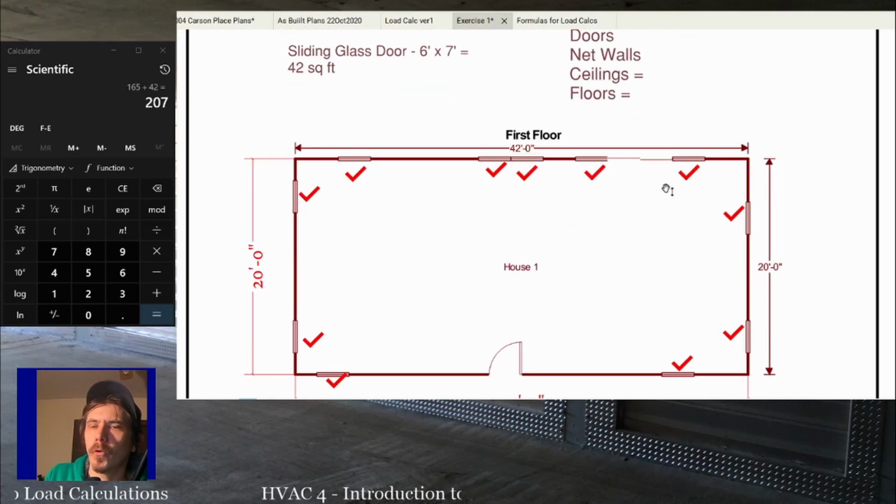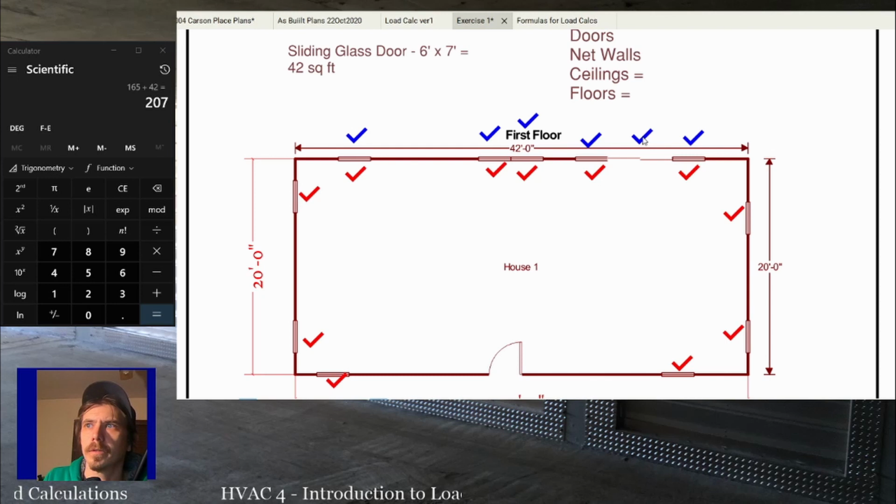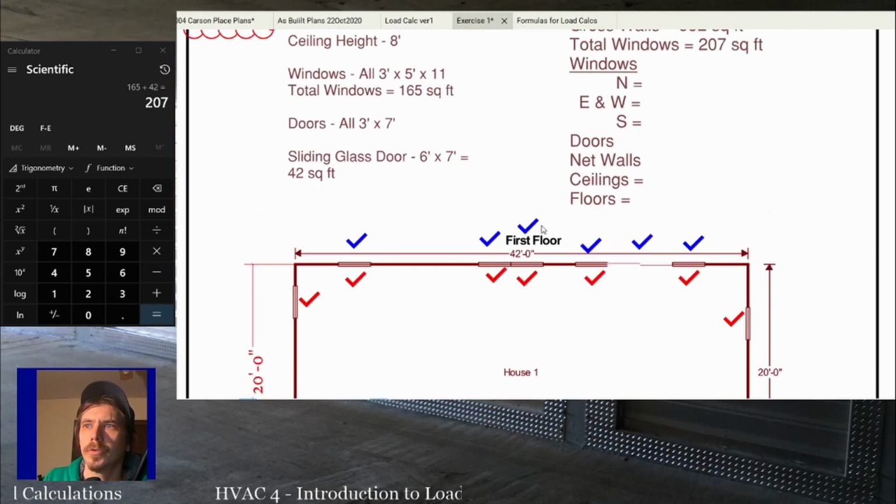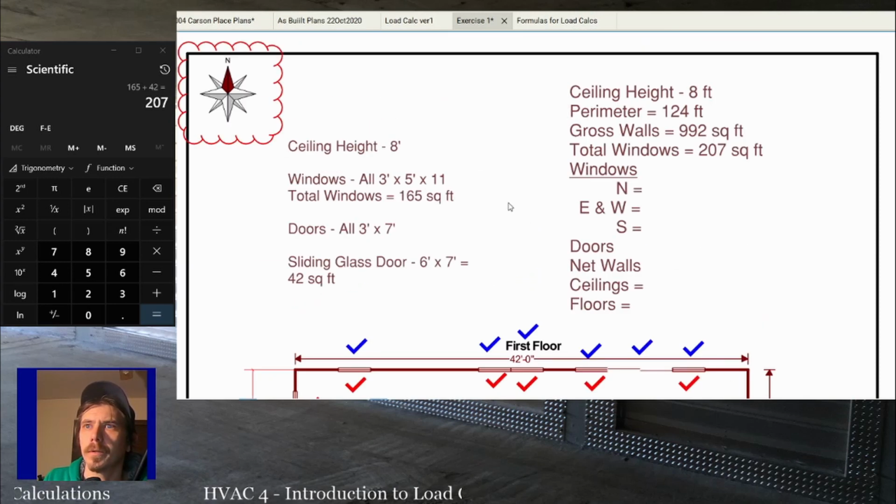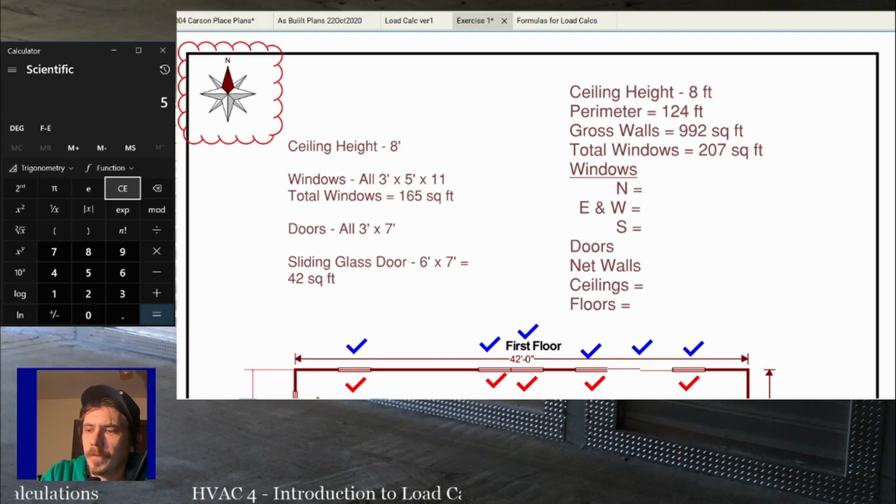So, north windows, we'll go ahead and get fancy and count in a different color. Norths are the coolest window, so we'll make those in blue. We have 1, 2, 3, 4, 5 windows that face north plus our sliding glass door. So 5 times 3 times 5 is going to equal 75, plus our 42 from the sliding glass door.